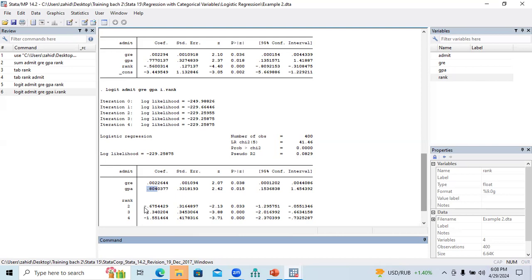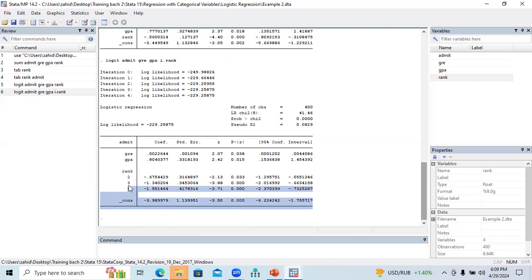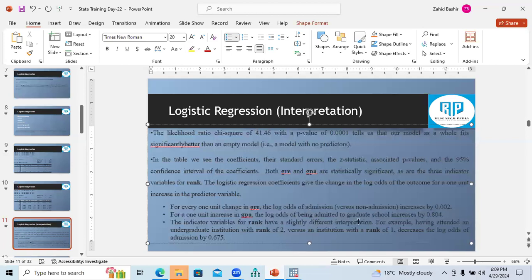Whenever you need to interpret an ordinal variable, always remember that you need to consider one category as a reference category. So here we are comparing rank 2, rank 3, and rank 4 in comparison to rank 1 for getting admission into that institution. There is a negative coefficient of minus 0.675. What does it indicate?